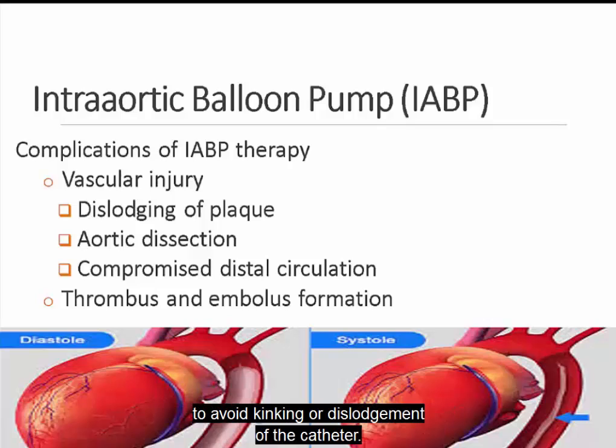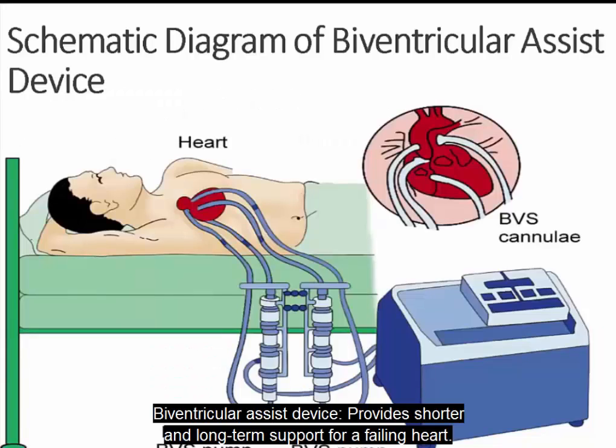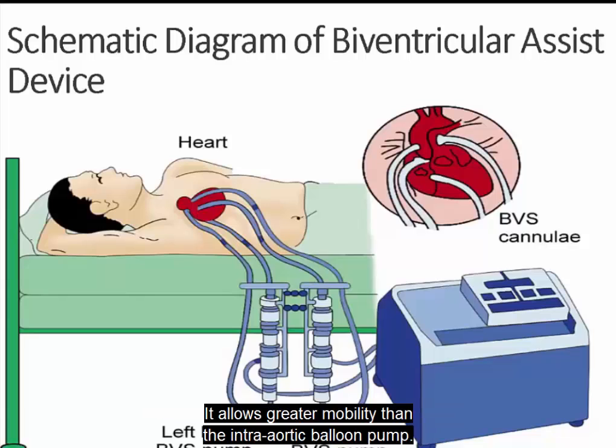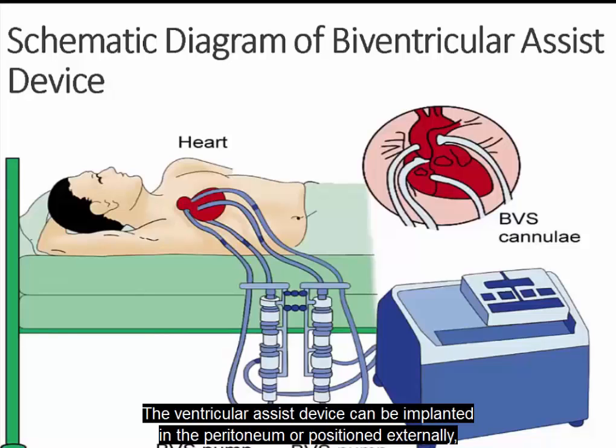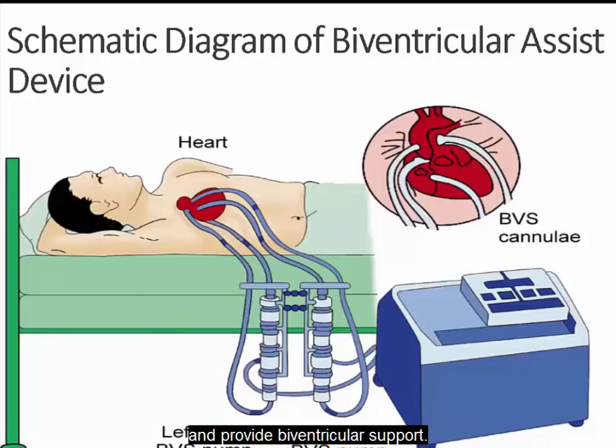dislodgement of the catheter. Biventricular assist device provides short and long-term support for a failing heart. It allows greater mobility than the intra-aortic balloon pump. It is inserted into the path of flowing blood to augment or replace the action of the ventricle. The ventricular assist device can be implanted in the peritoneum or positioned externally and provide biventricular support.